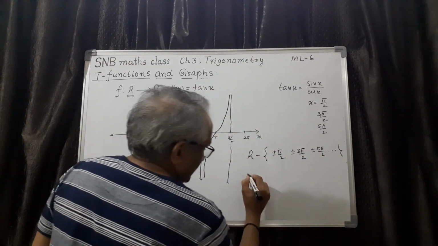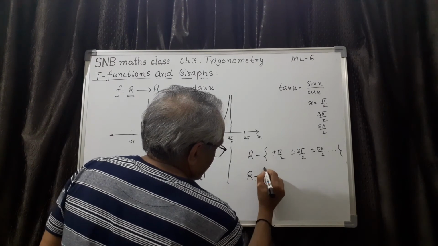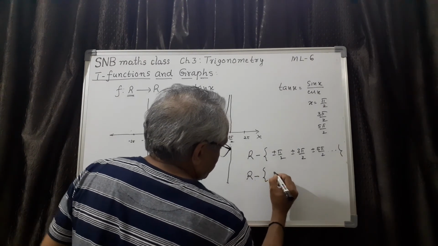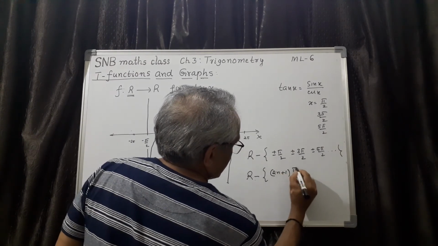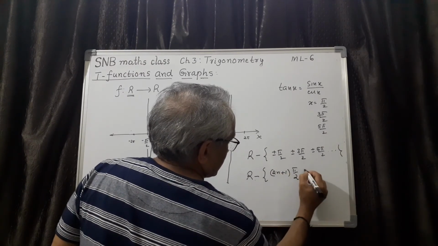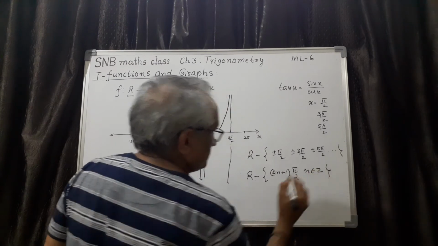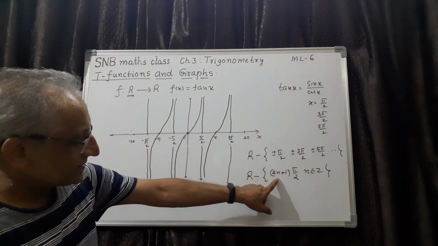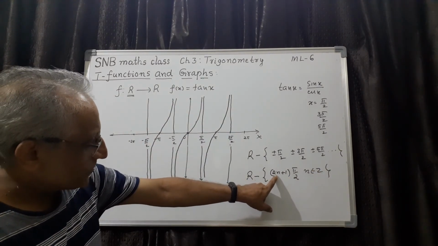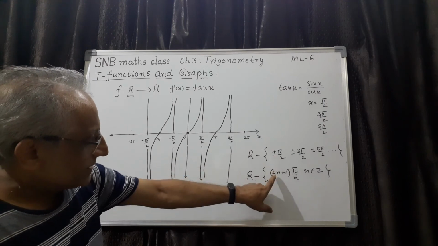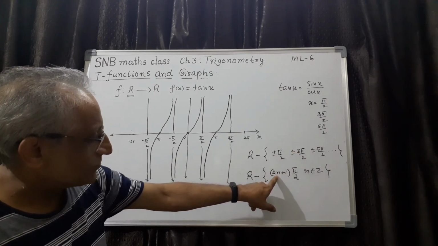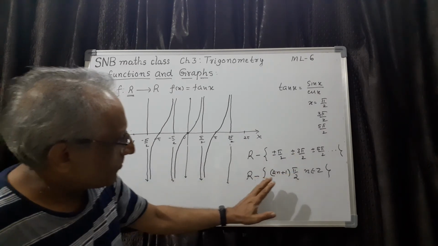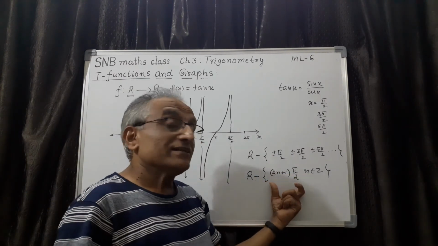Or you can write R minus (2n plus 1) pi by 2, n belonging to Z. You can check here. When n is 0, you will get this one. When it is 1, plus 3 pi by 2. When it is minus 2, it is minus 3 pi by 2. So all the values. So this is the domain of the function.